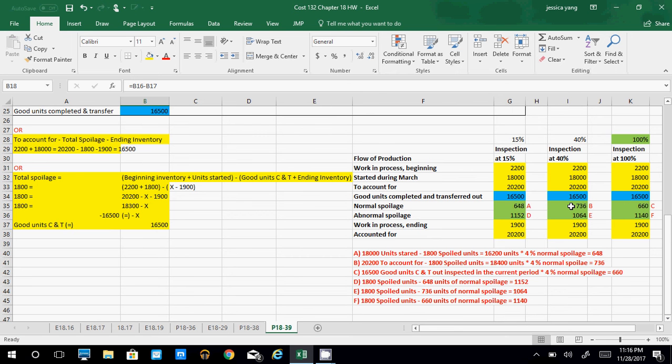Now to find my inspection at 40% for normal spoilage, which I indicated with a B, I took units to account for, 20,200 units, minus my 1,800 spoiled units, which gave me 18,400 units, and I multiplied that by my 4% normal spoilage, which gave me 736 units for the inspection at 40% for normal spoilage.